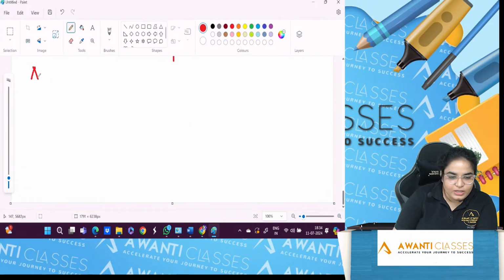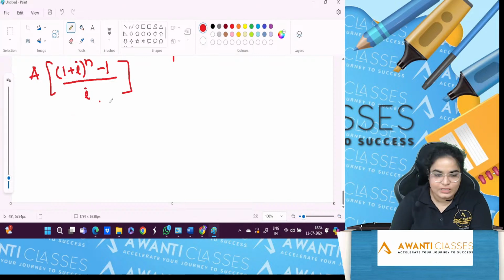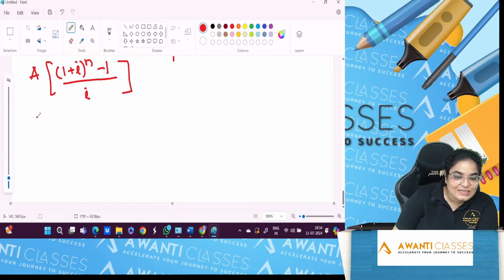What is the formula here? The formula is A into... How much is A?